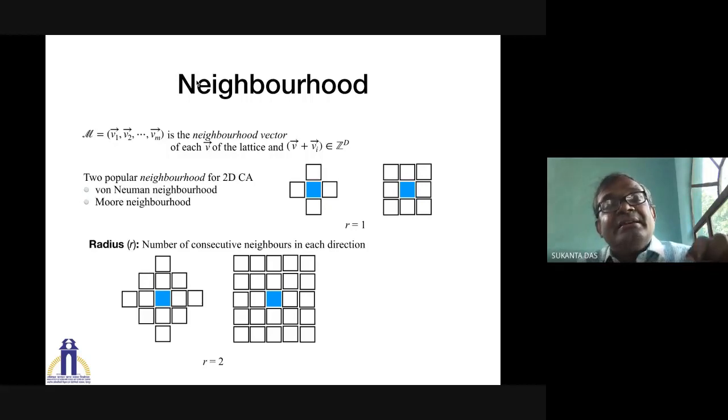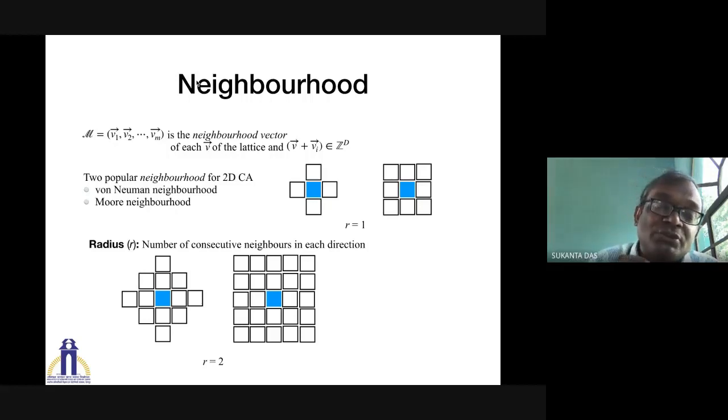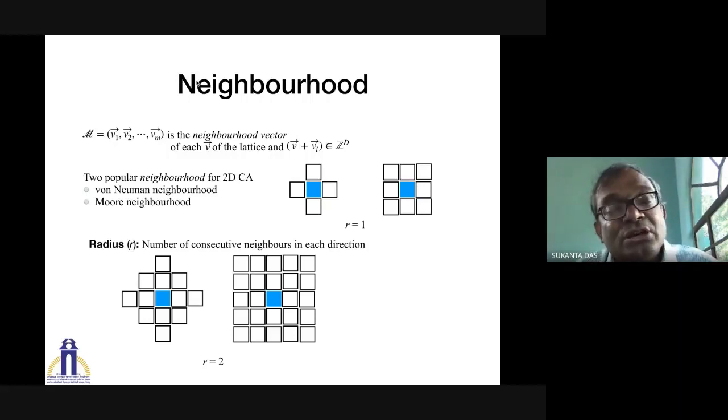For the von Neumann neighborhood, we consider this structure to denote R equal to 2: the center cell with the R equal to 1 orthogonal neighbors, and further orthogonal neighbors added. This is the von Neumann neighborhood with R equal to 2.